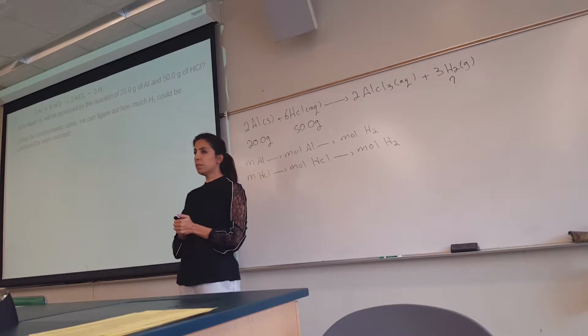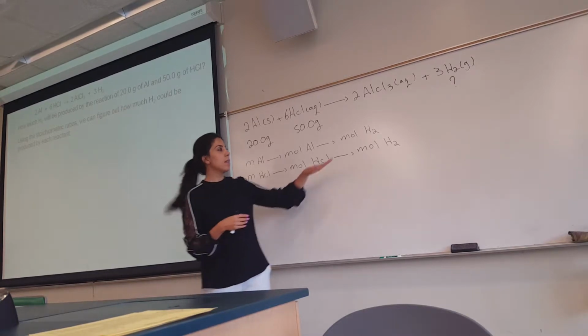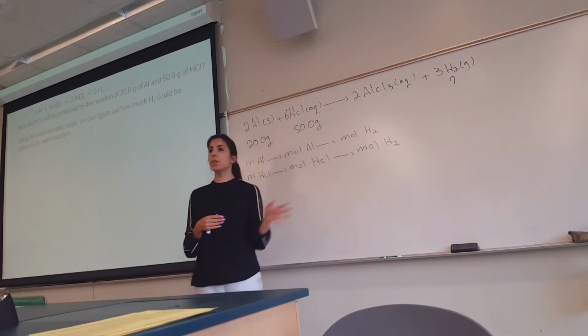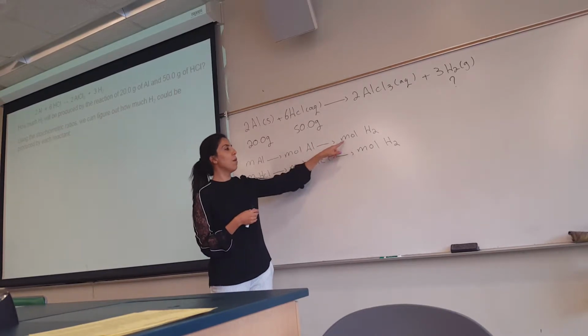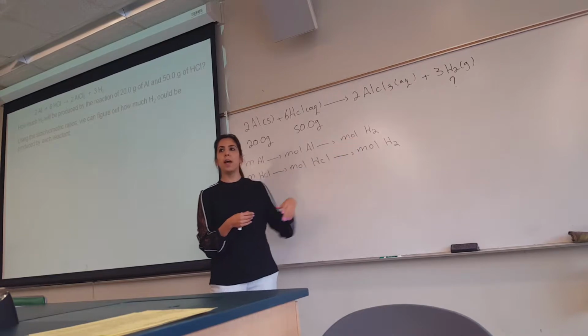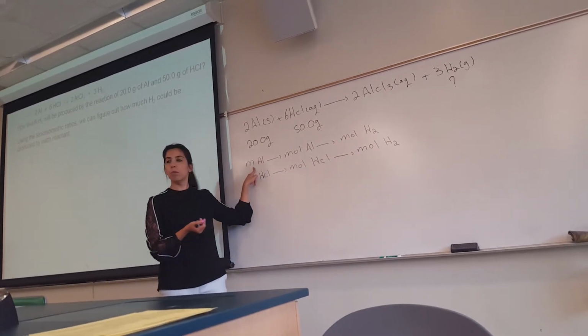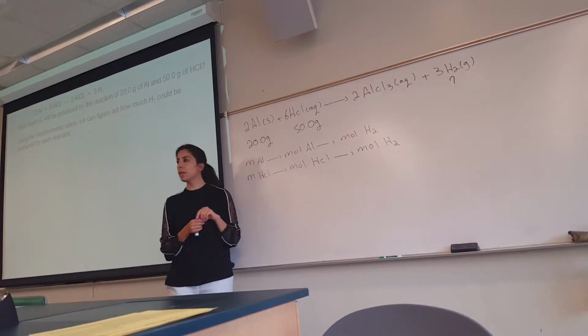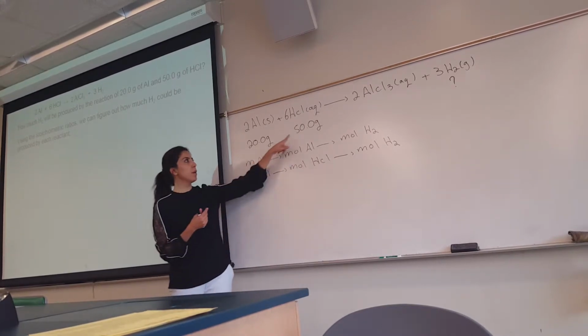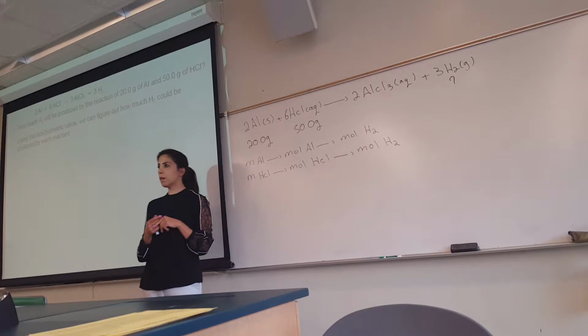If they don't, that tells us that one of them is limiting, one of them is excess. So let's find out how much hydrogen gas we can get, assuming that all the aluminum is consumed, and how much hydrogen gas would be produced, assuming all the hydrochloric acid is consumed.